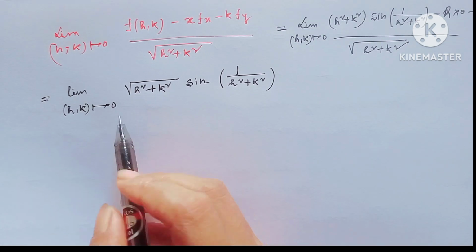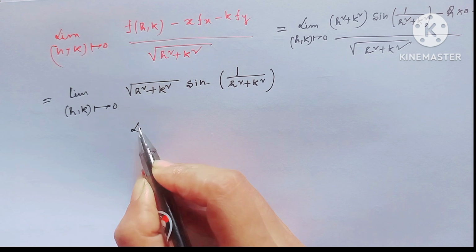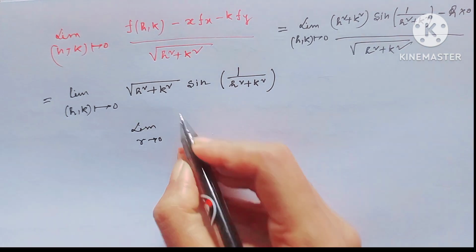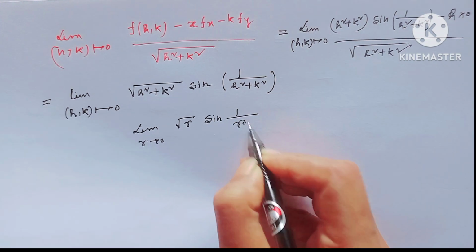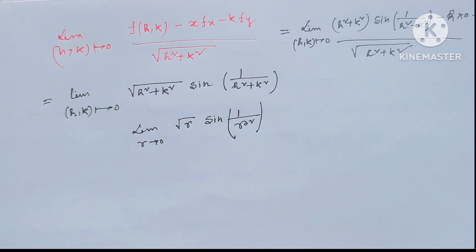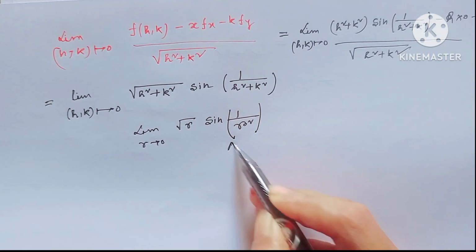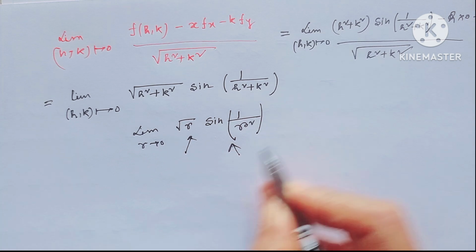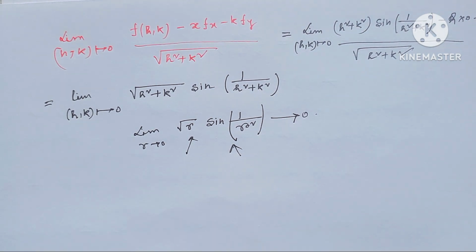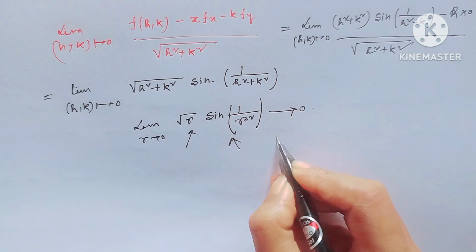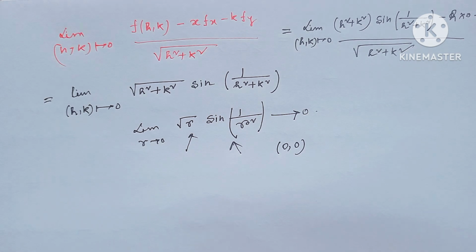Now to find the limit, just replace it by polar form. Limit r goes to 0, r sin 1 over r square. Since this is the bounded part, this value always goes to 0. So the function is differentiable. That means the function is differentiable at the point 0, 0. Not only 0, 0, actually the function is differentiable.